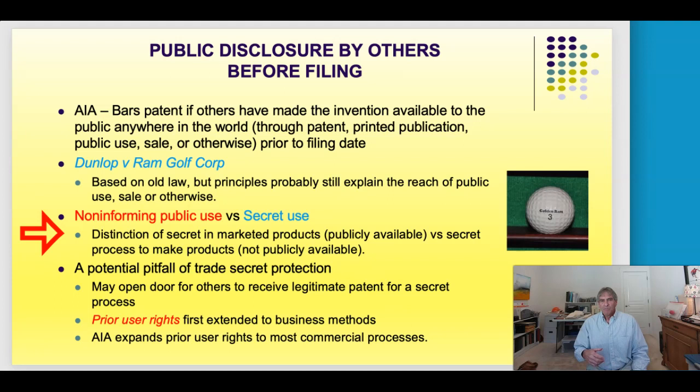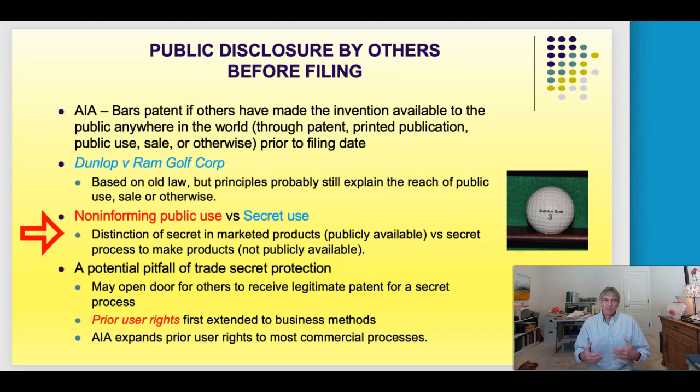Although the public could then tear the products apart and study them, that would not be enough to figure out the process used to make them. So the process remains a secret despite the sale of the products made with that process. For this reason, the law does not treat the process as being publicly disclosed.